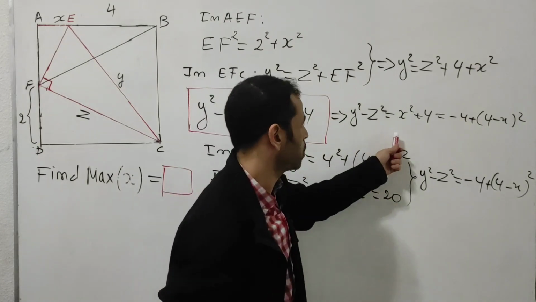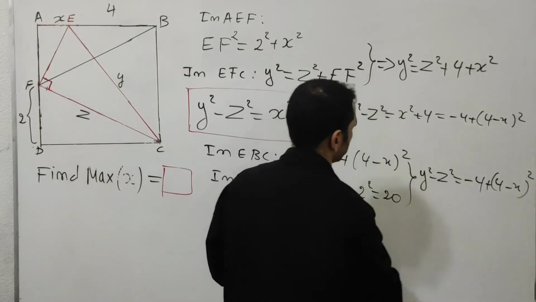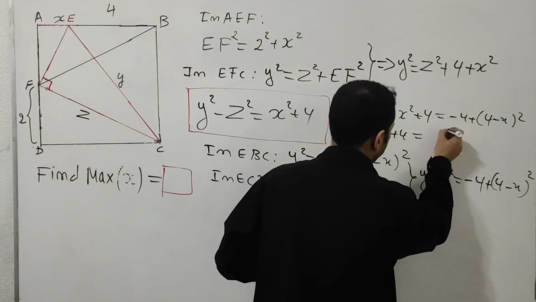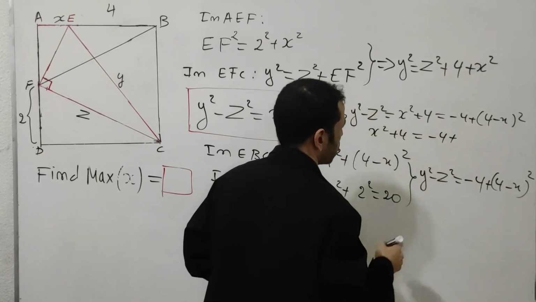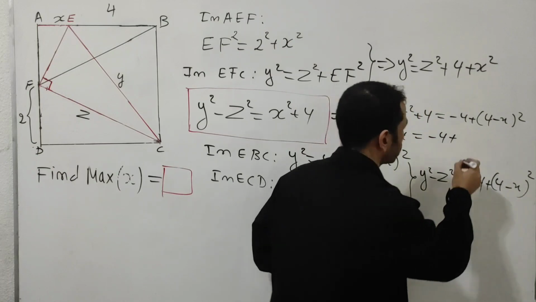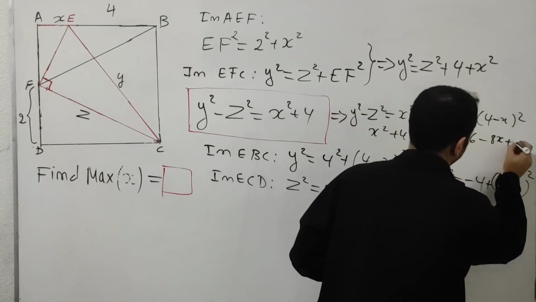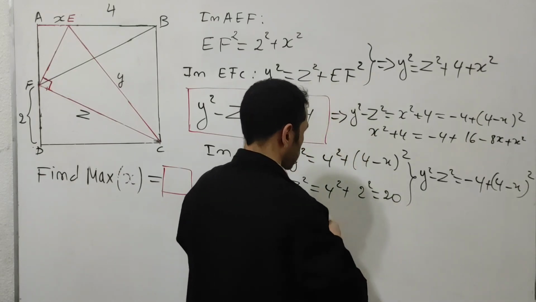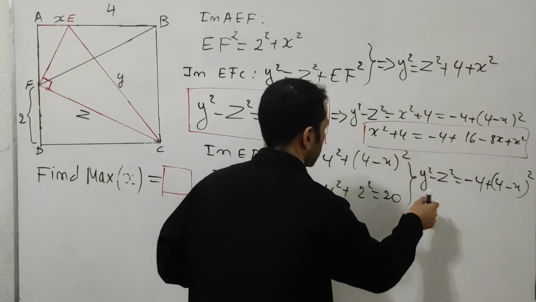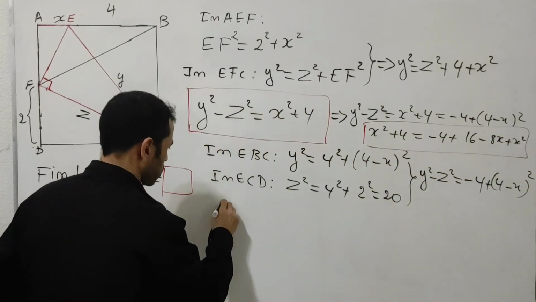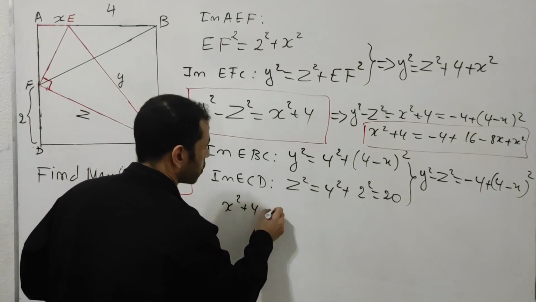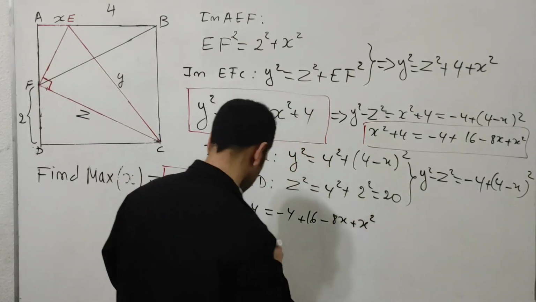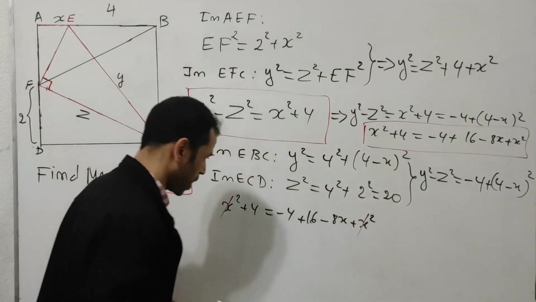Now I'm going to simplify this equation. I will have x squared plus 4 equals minus 4 plus 4 minus x squared, which is 16 minus 8x plus x squared. So I have x squared plus 4 equals minus 4 plus 16 minus 8x plus x squared. The x squared cancels out with this x squared.